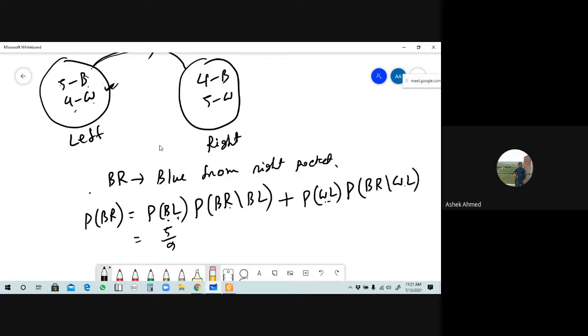Now tell me, for the next probability, blue from right pocket given that blue from left pocket.